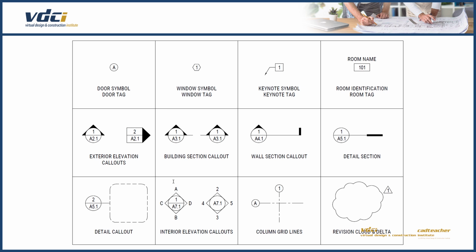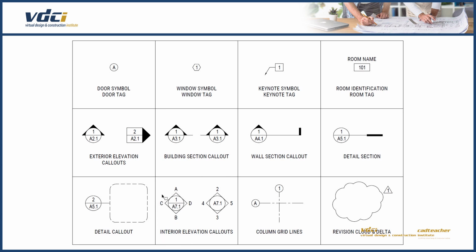On a floor plan, you will also frequently see interior elevation callouts. These are typically in rooms that have a lot of design input from the client, like bathrooms and kitchens. This is the typical design where we have a circle that's inside a rotated square or a diamond shape.